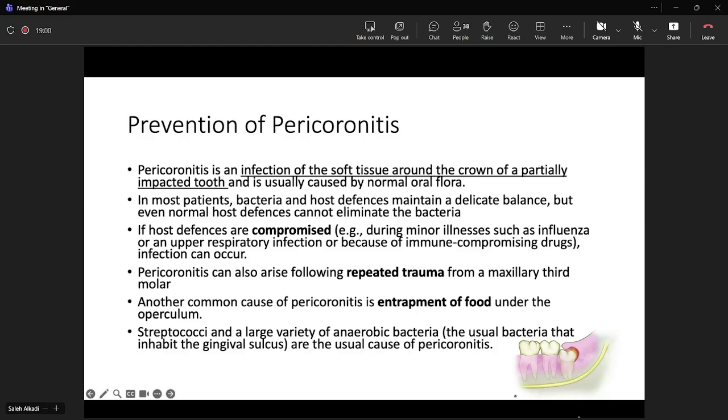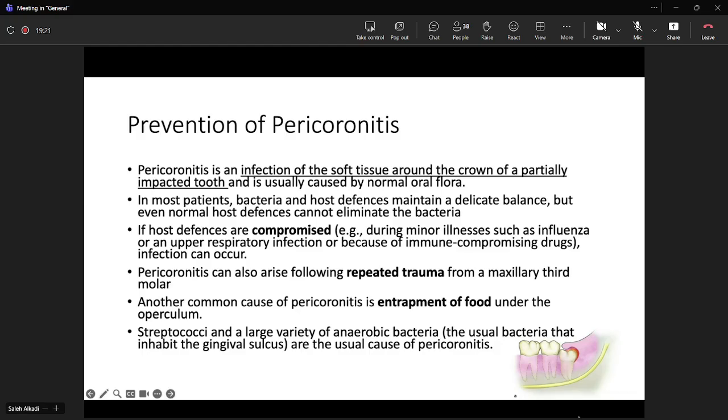So if patients suffer from, let's say, a flu or any upper respiratory tract infection, or start taking immune-compromising medication, this may cause this balance to be lost, and then infection at that area might happen from the normal oral flora, and this will result in pericoronitis.